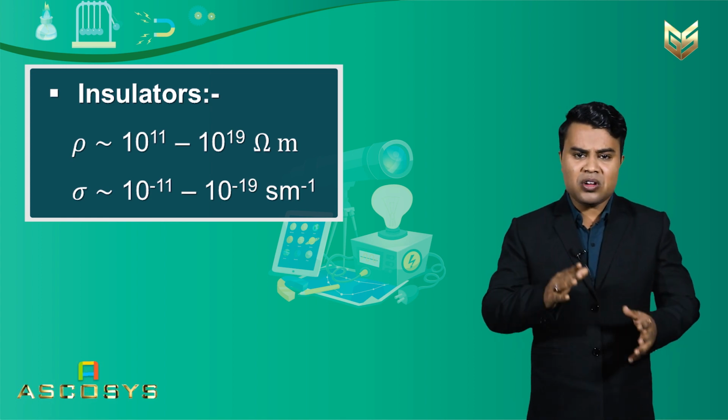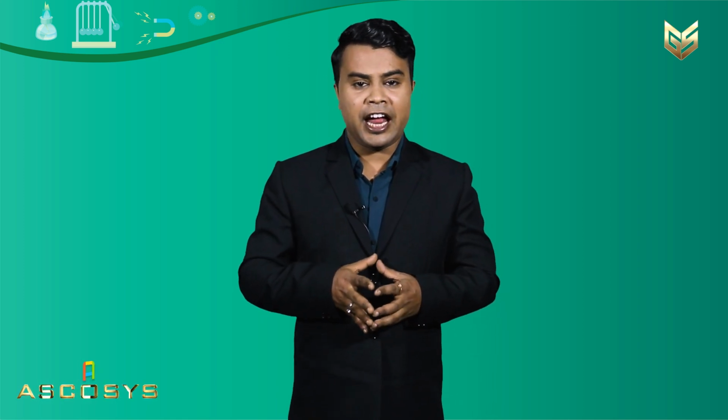What I am trying to tell you is that if the resistivity is more, the flow of electrons will not be that efficient. Therefore in insulators we have high resistivity and low conductivity. So this is how we can classify insulators, metals and semiconductors in terms of their resistivity and conductivity.